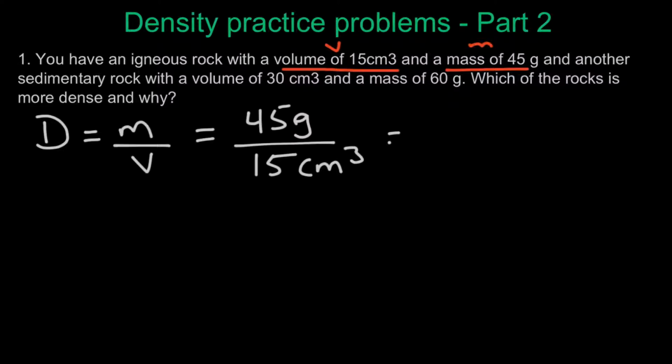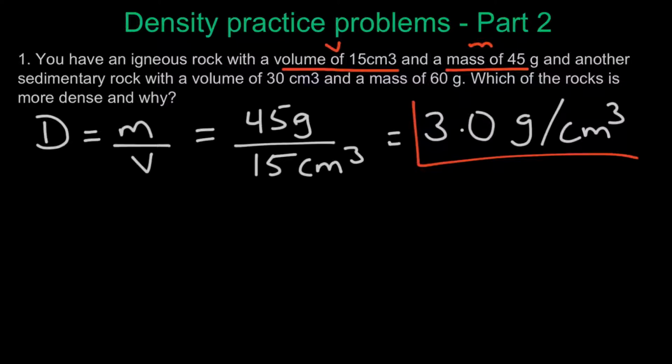If we work it out in the calculator, 45 divided by 15, the answer would be 3.0. You have to write two significant figures, and don't forget the units, grams per centimeters cubed. So that would be the density for the igneous rock.